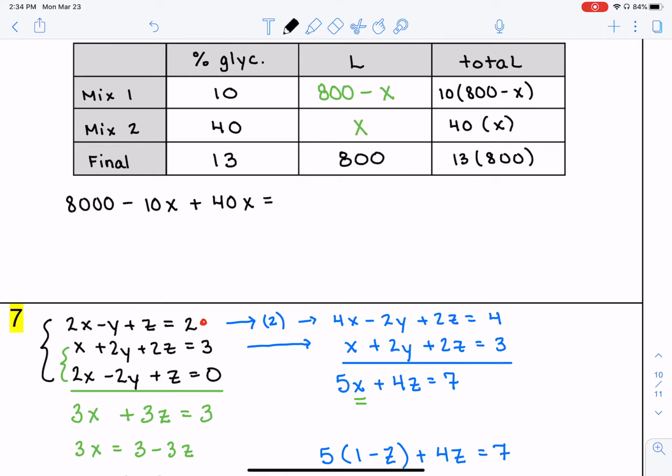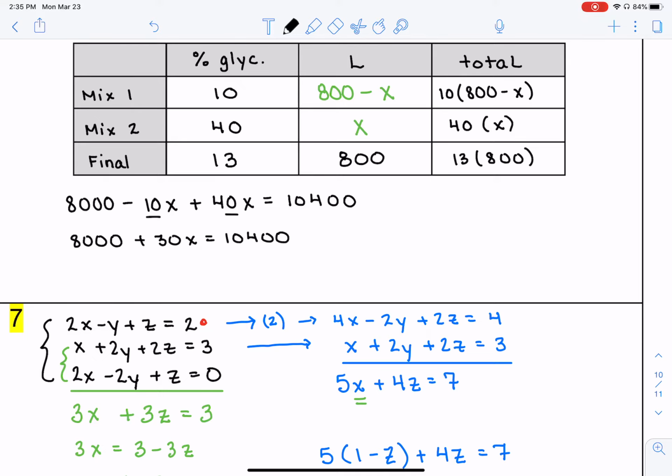And 13 times 800, which is 10,400. Go back and find your like terms. So I have 8,000 plus 30x equals 10,400.